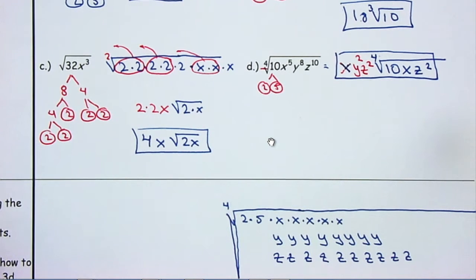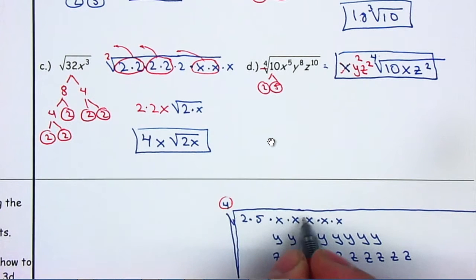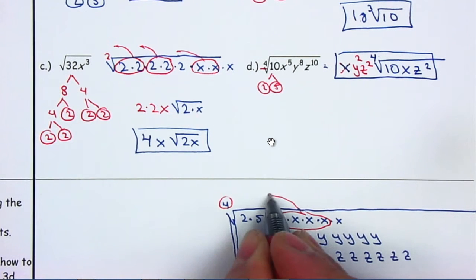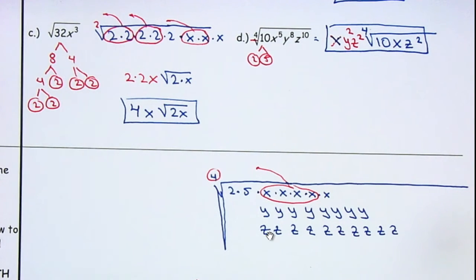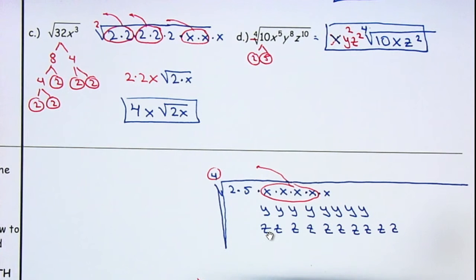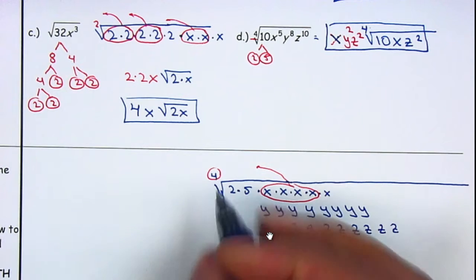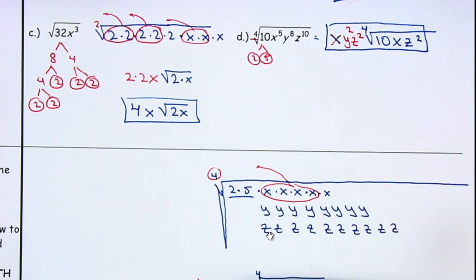Another way of doing it is if you want to expand it, just like I did here on the bottom, you can take out your groups of 4. So a group of 4 x's comes out. Inside, if you notice, we have the 2 and the 5. There are no pairs for the numbers or no groups of 4.